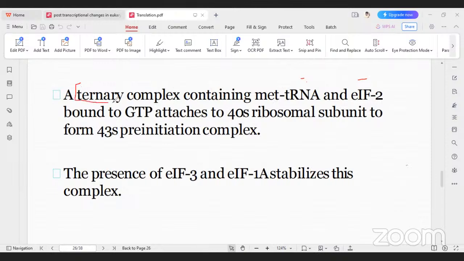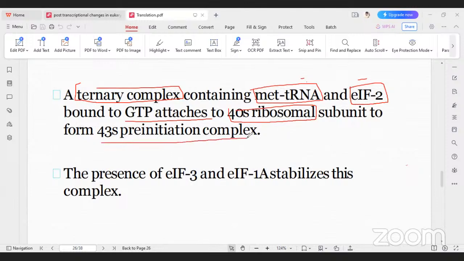So this ternary complex contains Met-tRNA, and there are other factors involved: IF2 bound to GTP attached to the 40S ribosomal subunit to form the 43S pre-initiation complex. Simple.